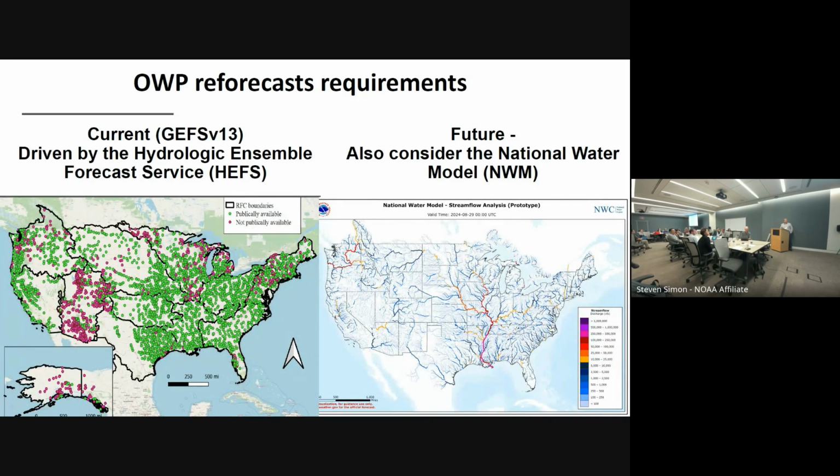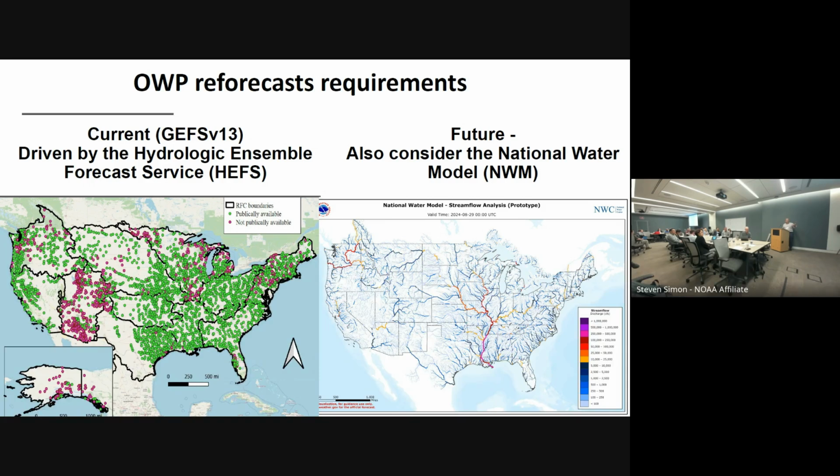Our current reforecast requirements are largely driven by the HEFS, Hydrologic Ensemble Forecast Service, on the left. There are about 3,000 major river locations where HEFS is running in operations. Those are the dots on the left. And then in the future, we may also add National Water Model considerations.